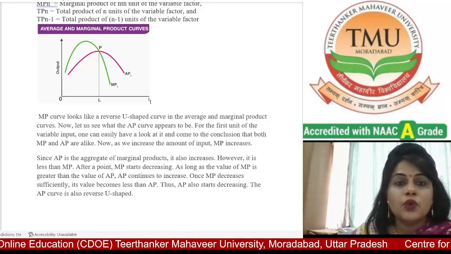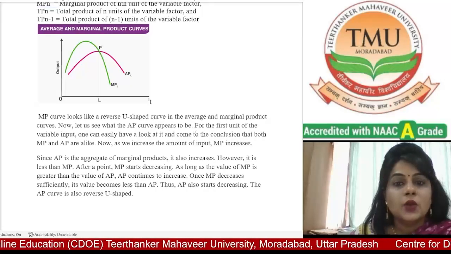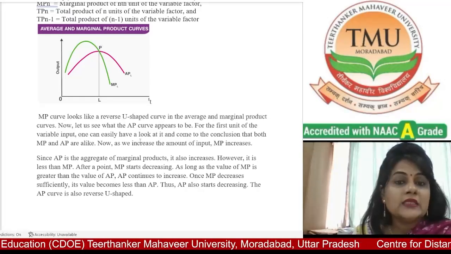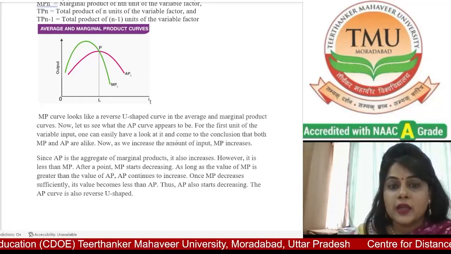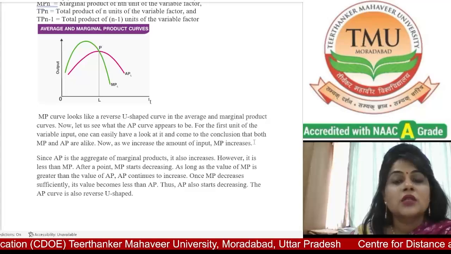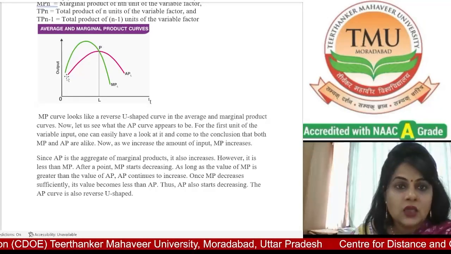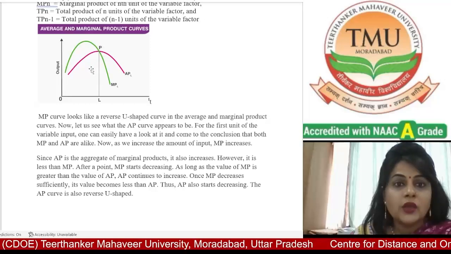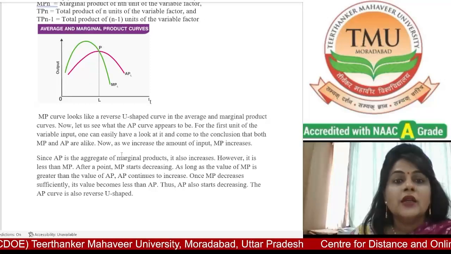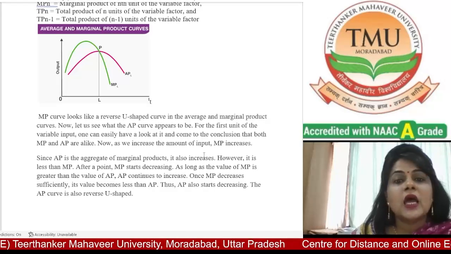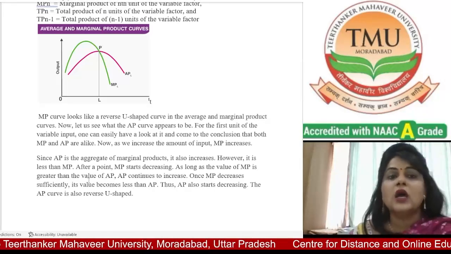Now, let us see what the AP appears to be. For the first unit of the variable input, one can easily have a look and come to the conclusion that both MP and AP are alike. You can see here both are going in the same direction. Both are increasing as we increase the amount of inputs.